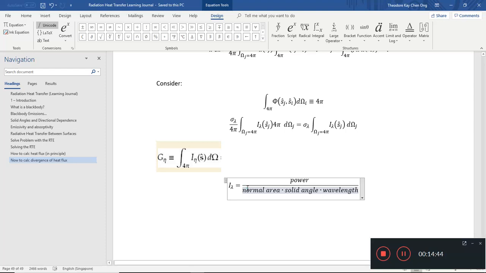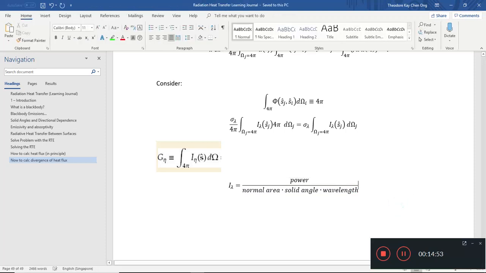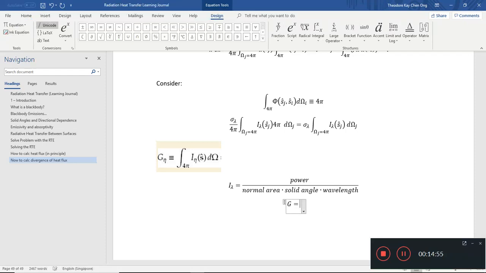So if we do a straight integration over all solid angles, we get the power per unit normal area per unit wavelength.